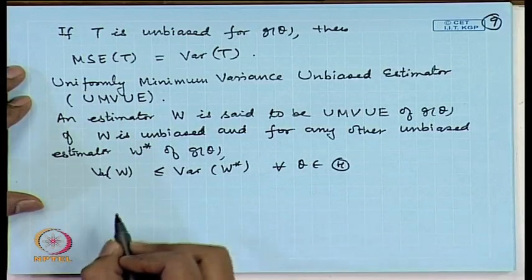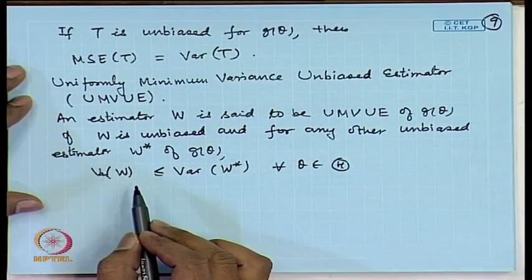That means, it will have the minimum variance throughout the parameter space.